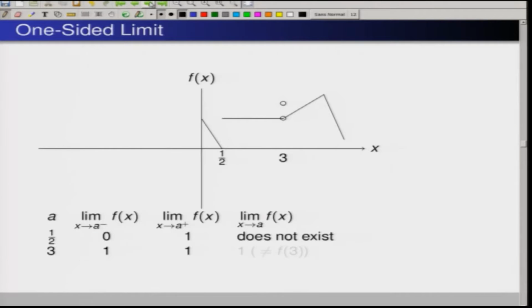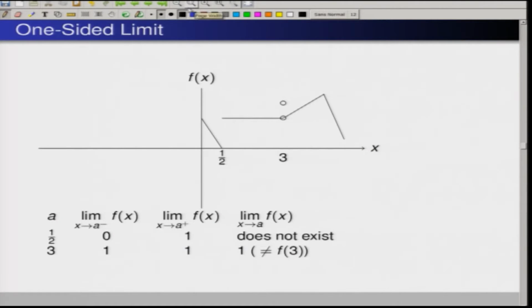Therefore, the limit of f of x as x goes to 3 exists and is equal to 1, because the left hand limit and right hand limit are equal to 1. However, this is not equal to f of 3, which is 2, as we had defined.